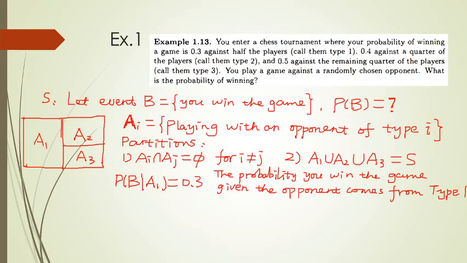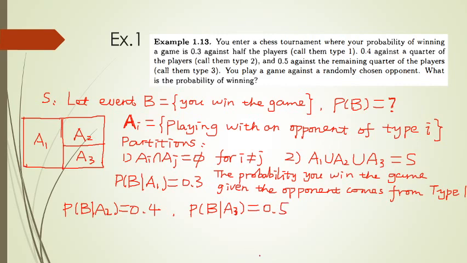So far, you can write the probability of winning the game given the condition your opponent comes from type 2 will be 0.4. And the probability of winning the game given the condition your opponent comes from type 3 will be 0.5.